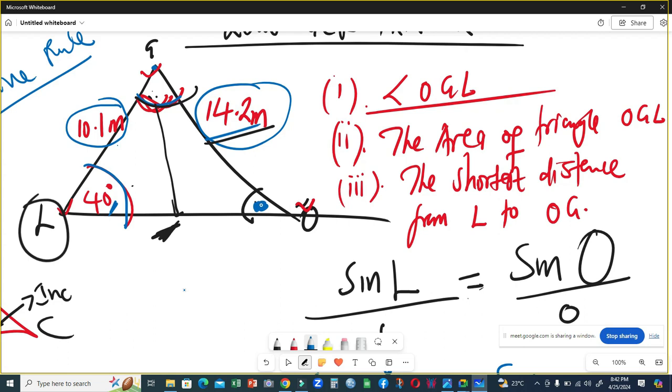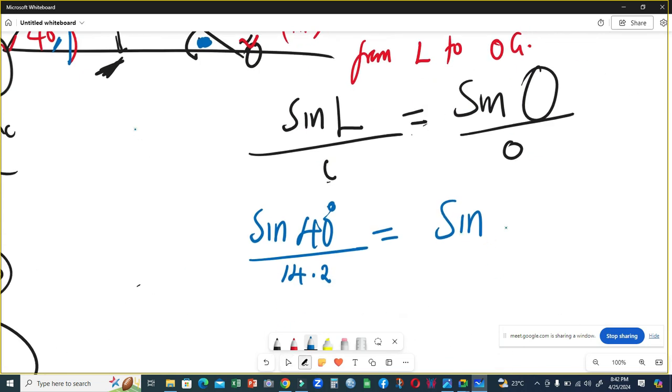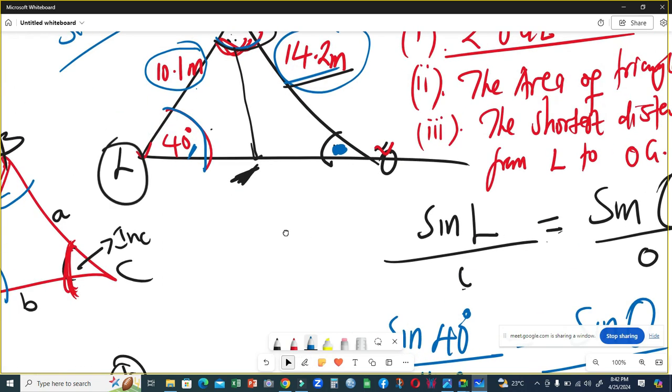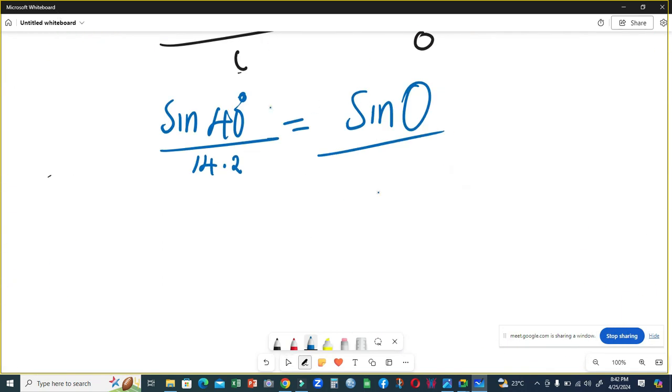So on O, we won't put anything because we're still interested in knowing the value of this O, which is an angle, over what is the side which is opposite to O, 10.1. Over 10.1. Like that. Okay?